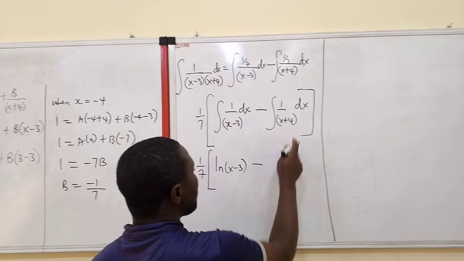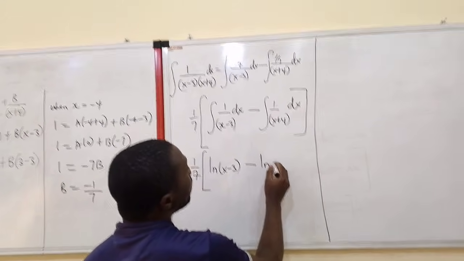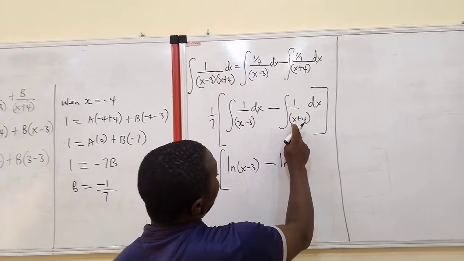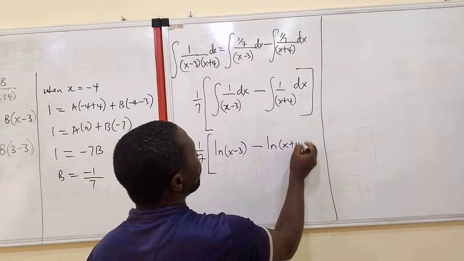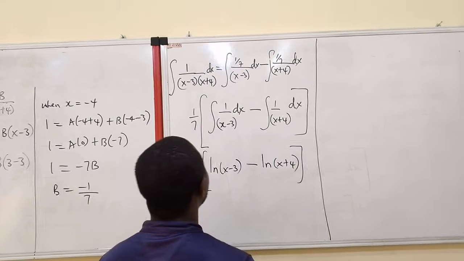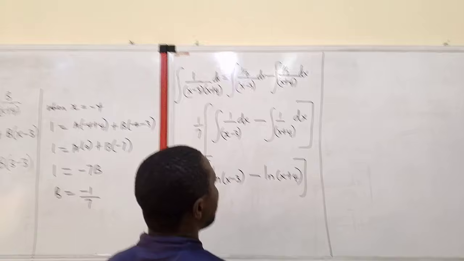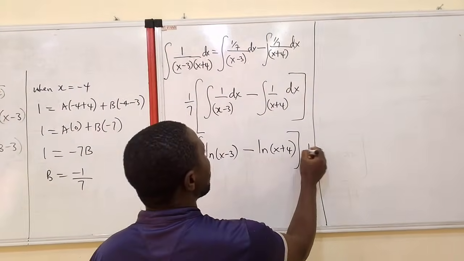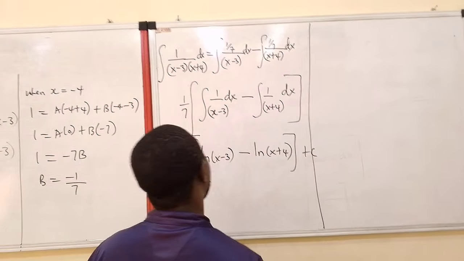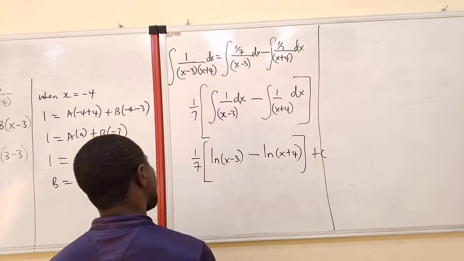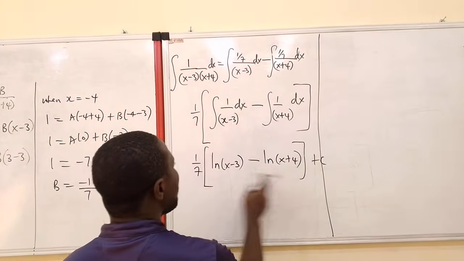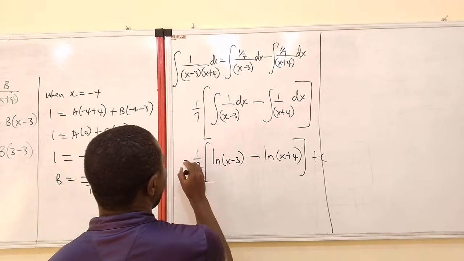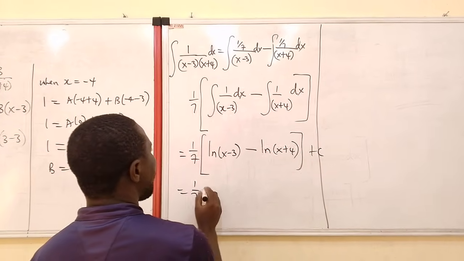Minus, the same thing is applied here. If you differentiate x plus 4, you get 1. So my final answer here is going to be ln of x plus 4. Then I can say plus c, plus constant, because I have integrated it. This will now give me 1 over 7.